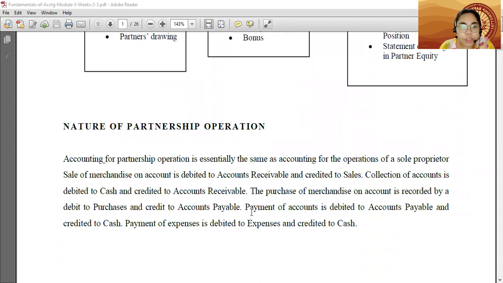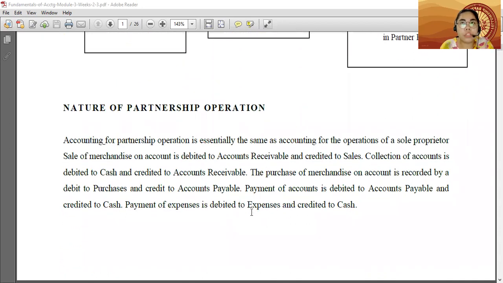So we have here the nature of partnership operation. Usually it's still the same as how we record the transactions of a sole proprietor. But when it comes to income, we credit the capital account of each partner every time there is an increase or decrease in the income of that particular partner.